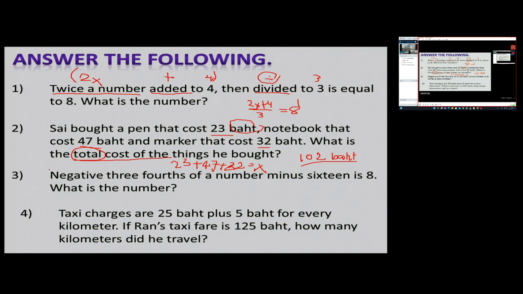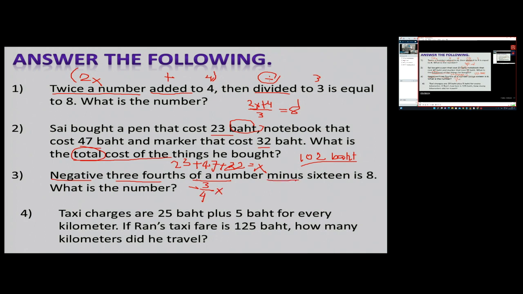Next. Negative 3/4. So negative. Now, what is 3/4? That is 3/4. Very good. Now, negative 3/4 of a number is negative 3/4 x. Because remember, the word of means multiplication. And if the number is the letter x, so that is negative 3/4 times x, which is negative 3/4 x.